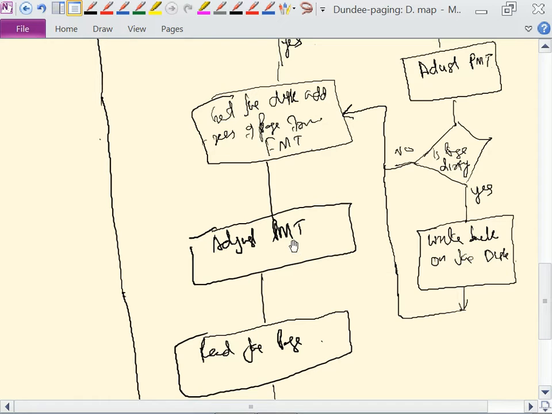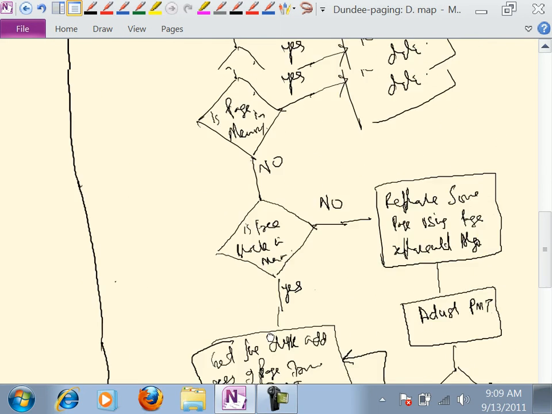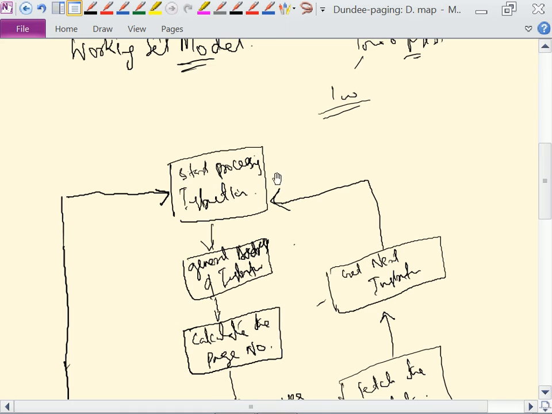That will be in the PMT, page map table, right? Now read the page, okay, and go for the next instruction. Start processing the instruction. Are you getting what I'm saying? So this is your working. This is your basic algorithm or basic flow chart for demand paging.